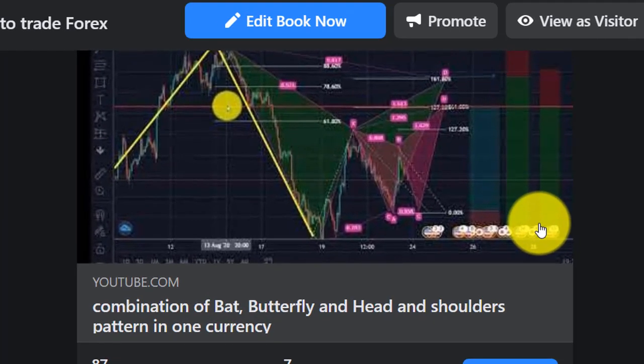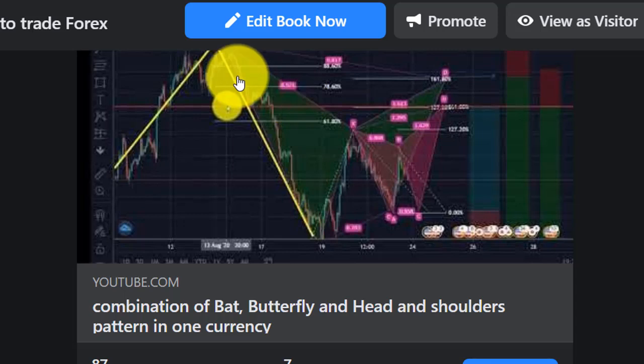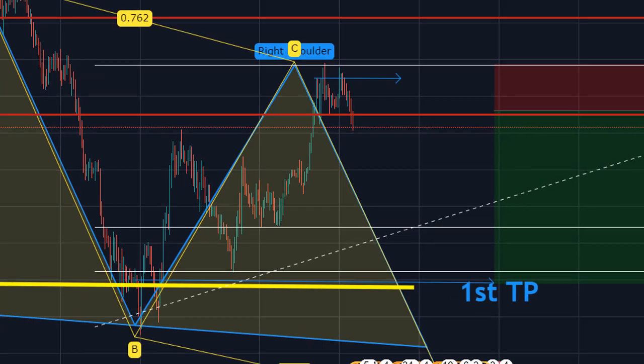However, since hindi po nasunod lahat itong plano na to, only the butterfly and the ABCD, hindi po nabuo ang bat pattern. So automatically we shifted on the head and shoulders, which is the 5 confirmation.